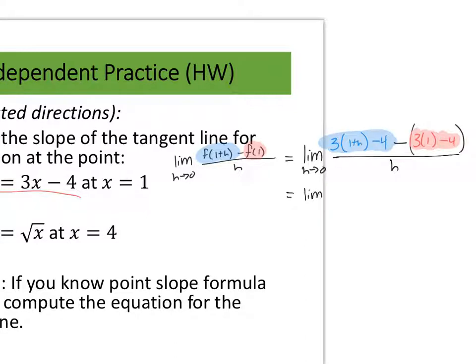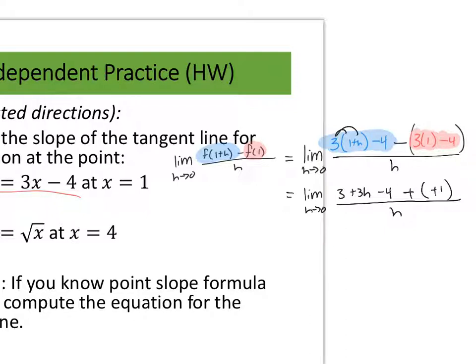The limit as h approaches 0 of, I'm going to distribute, so 3 plus 3h minus 4, distribute, or actually we don't even need to distribute because we know this is minus 1, all of that over h.